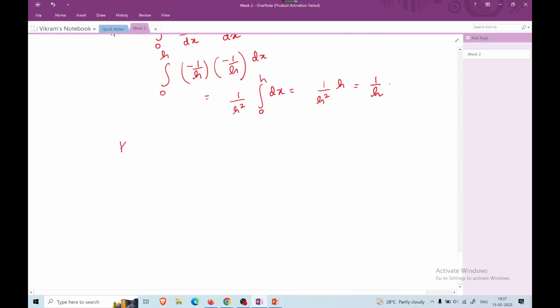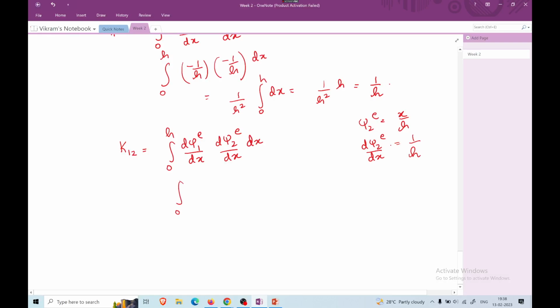k12 is integral 0 to h d psi 1 by dx into d psi 2 by dx into dx. What is psi 2? x by h. So d psi 2 by dx is equal to 1 by h. So I am going to substitute minus 1 by h into 1 by h dx.